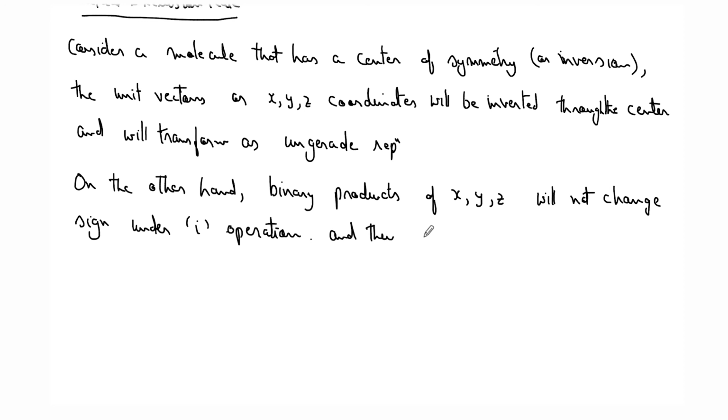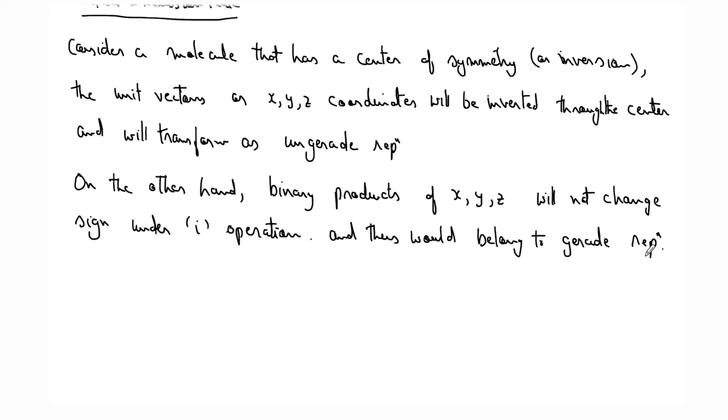and thus would belong to gerade representation. So the irreducible representation corresponding to binary products of xyz, any binary product, will always have a +1 sign, because this will be essentially the direct product of the two component irreducible representations, each of which has -1, right?